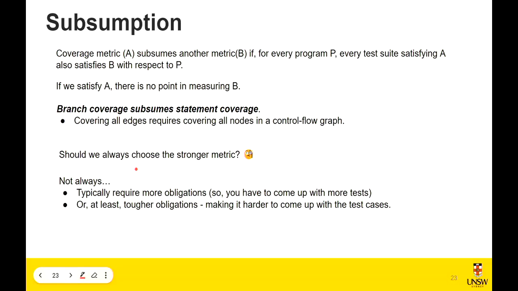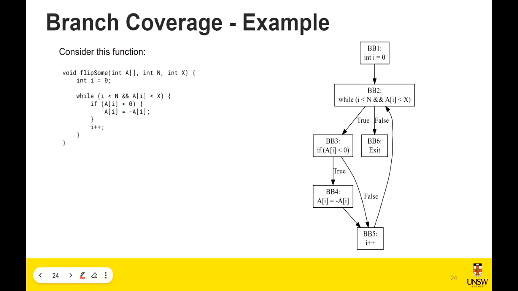And if we use the more complex or more comprehensive metrics, we will end up having more test cases, which is not always useful in practice. So that's why we still need statement coverage, even if we could do branch coverage.